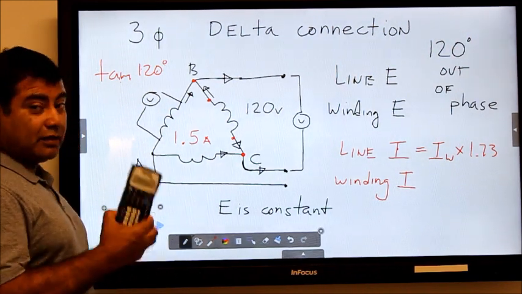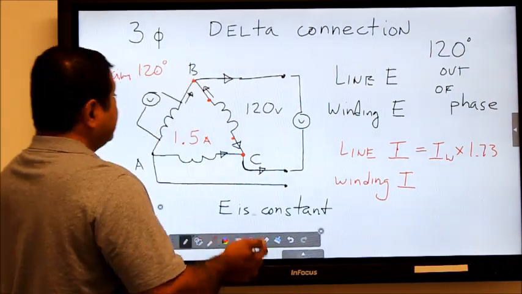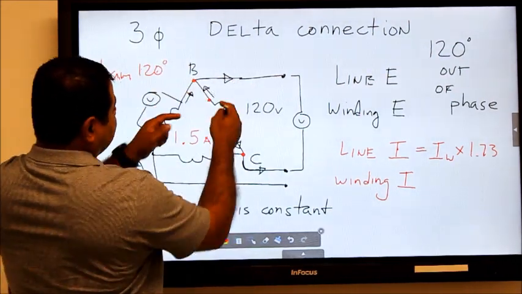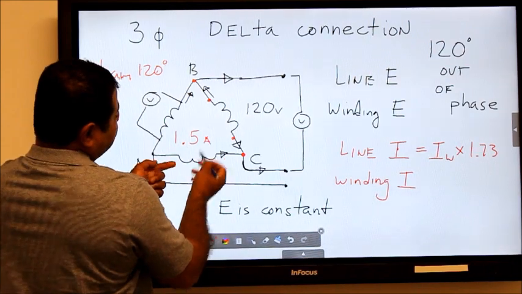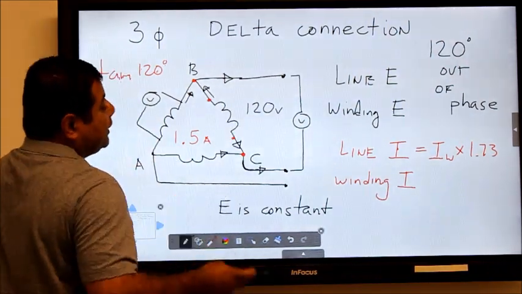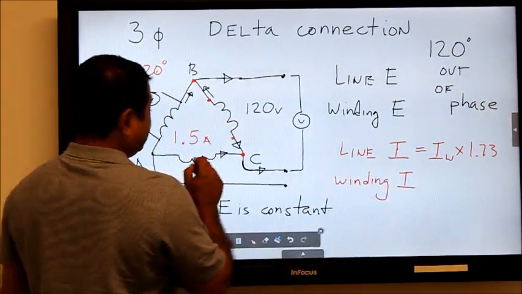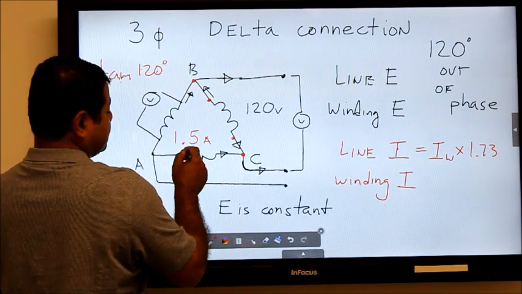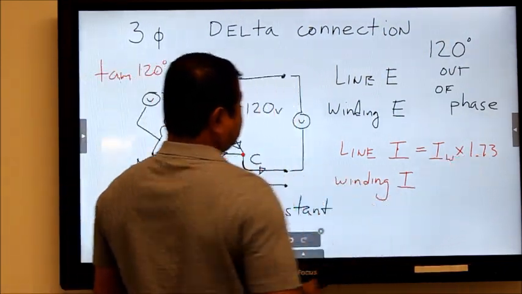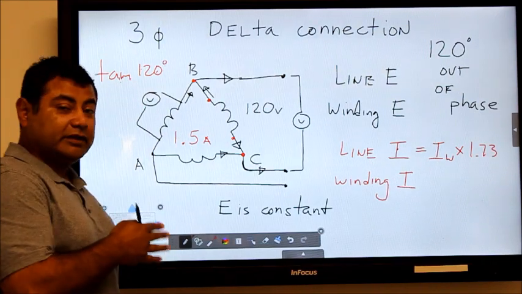Lo and behold, 1.73. So that's where the 1.73 comes from. It's because we have to add these vectorially. You don't go 1.5 plus 1.5 to give me my 3 amps. It doesn't do that. Instead, to get my line current, I do the current of the winding, which is 1.5, times the 1.73. We're going to look at some of these problems now using the delta connection.